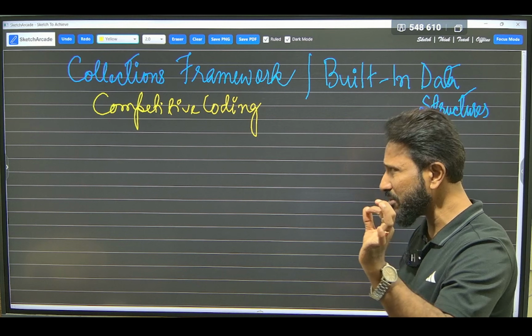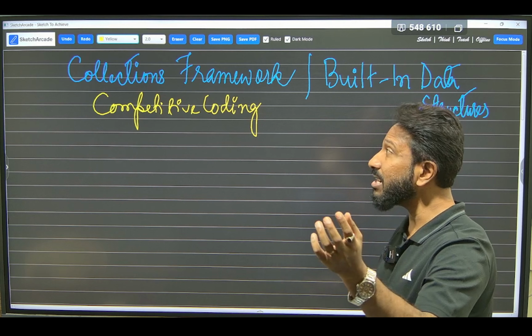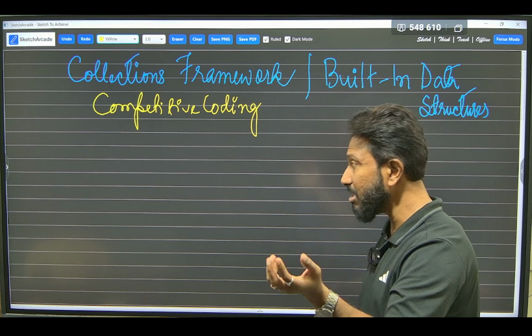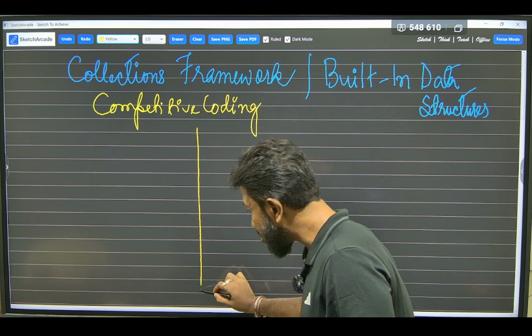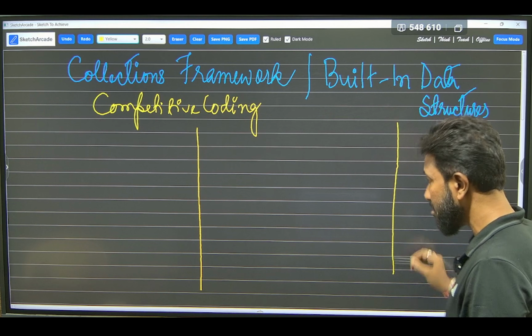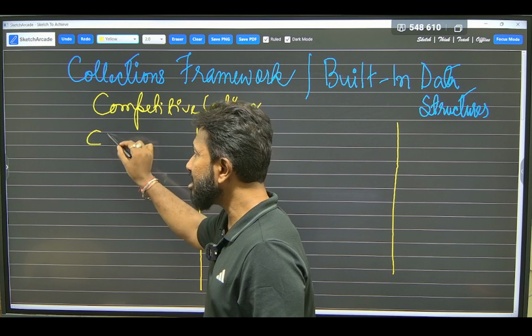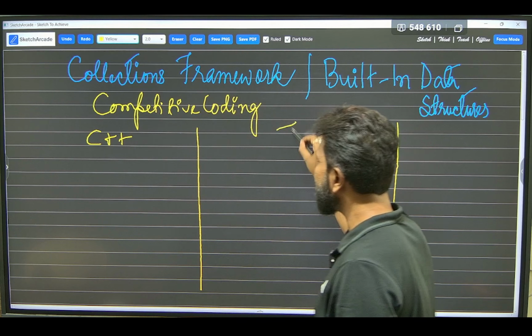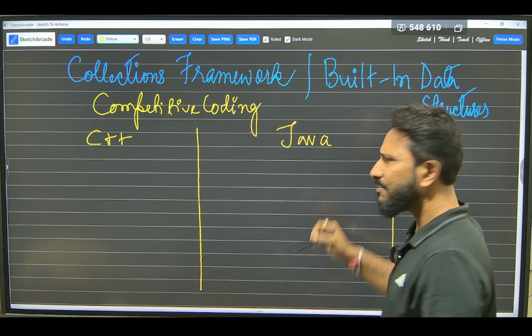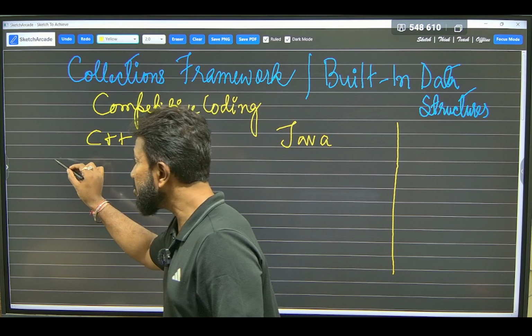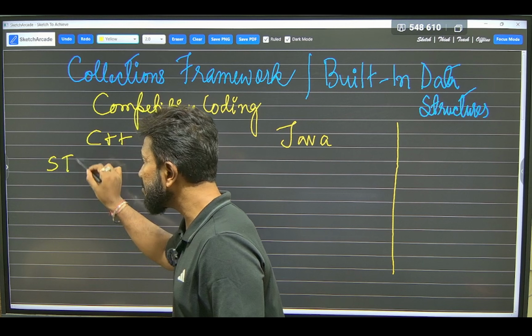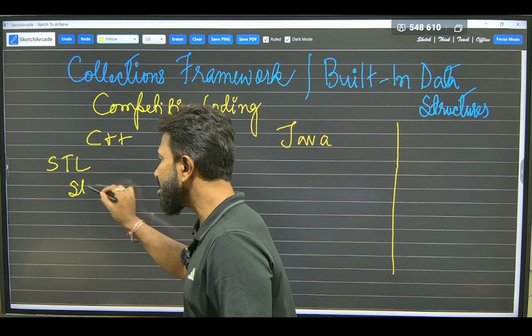Just try to remember one thing. Many of you might have learned C++. If you have not learned, I'll just tell you one thing, very important. You should know the difference between C++, Java, and Python. In C++ you have something called STL, the standard template library.